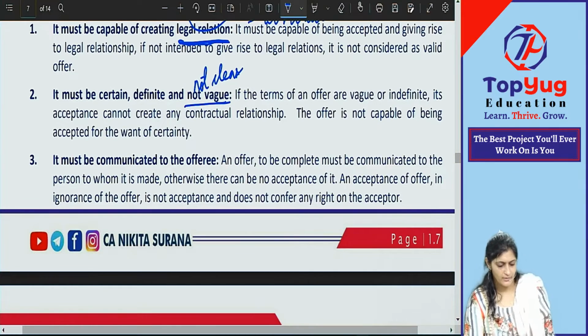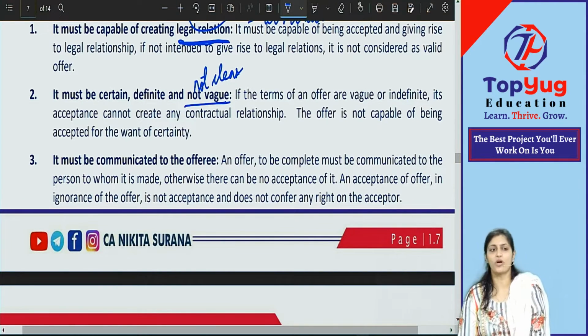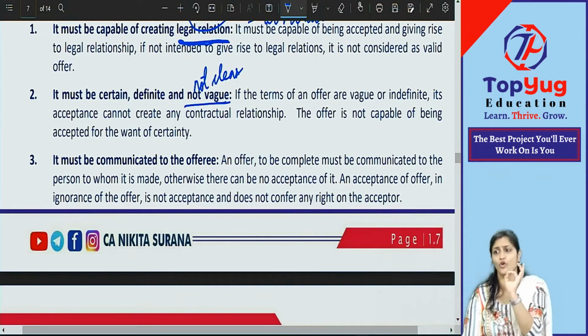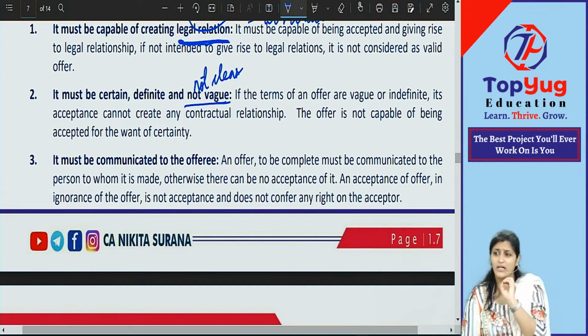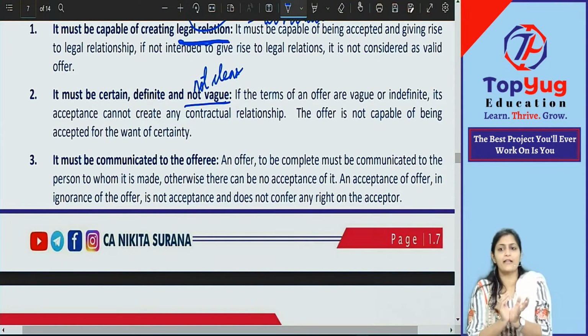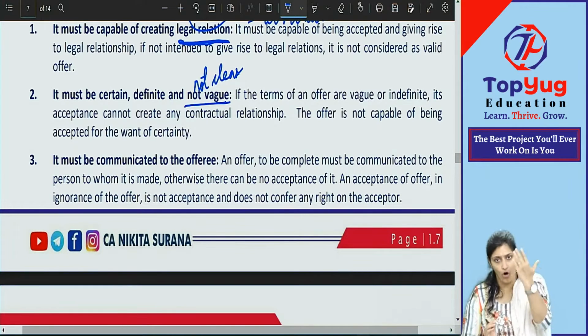Okay. So it must be certain, definite, and not vague. Means what? What should be certain here? Terms of the offer. Whenever you're making some offer to any person, the terms of the offer must be certain. Certain means clear, certainty of meaning. It should be very clearly understood by the other person, the offeree.